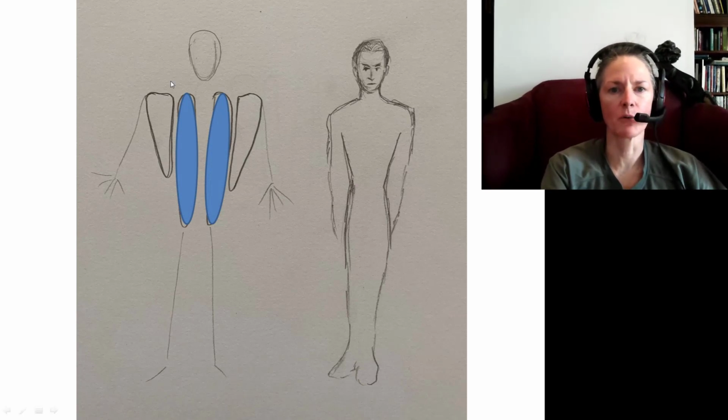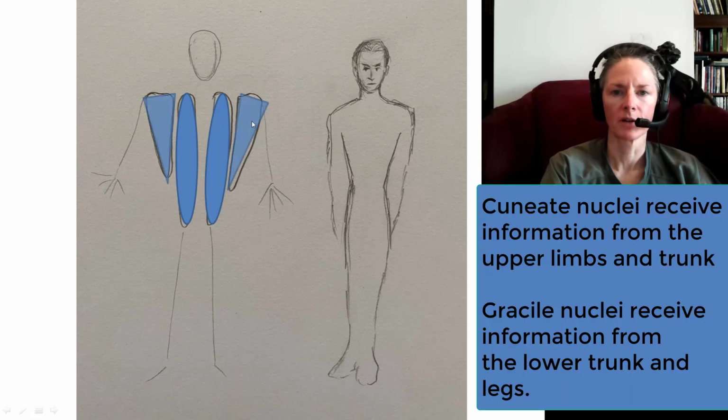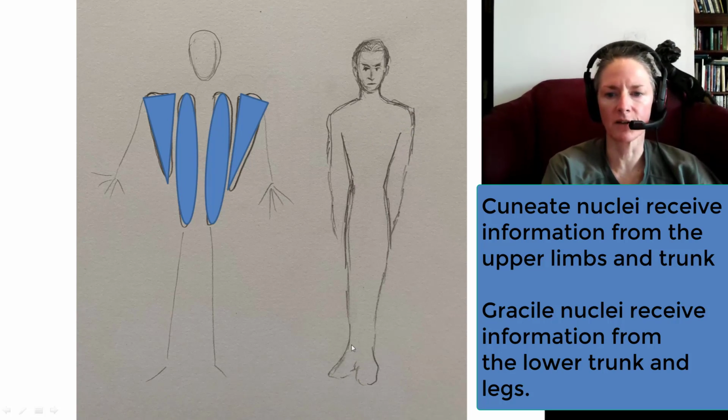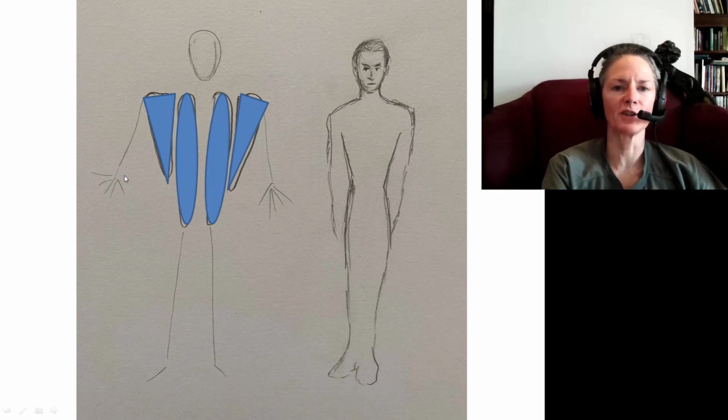And the cuneate nuclei, which are wedge-shaped, are going to be receiving information from the shoulders, the arms, the upper arms, and the upper torso, whereas the gracile nuclei will be receiving information from the legs and the lower torso. And so I figured that if I drew this picture as a person with the legs attached to the gracile nuclei and the arms attached to the cuneate nuclei, that would be a pretty good way to remember.